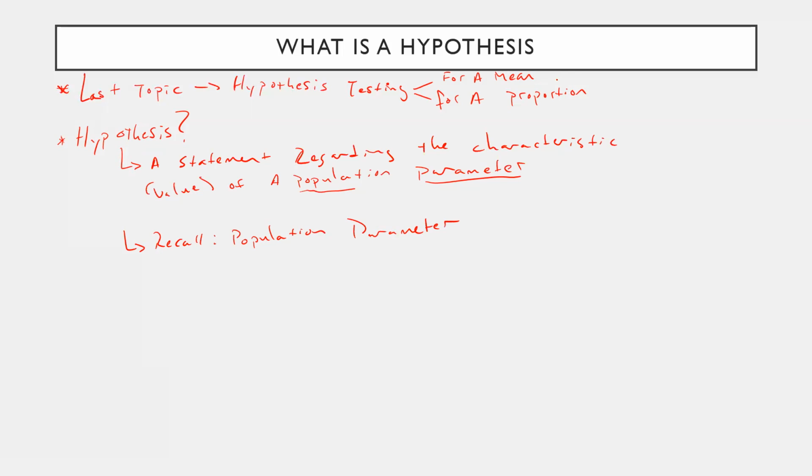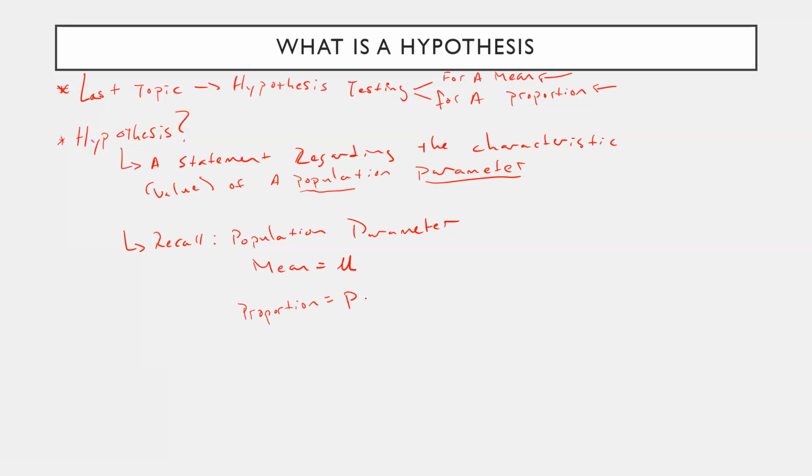So if you look up here, I'm going to do hypothesis testing for two things, for a mean and a proportion. Does anybody remember what the Greek letter was for a mean? mu. Yeah. Okay. Awesome. So we're going to make some claim about the value of a population mean, some mu. And then we have a proportion. What letter do we use for proportion?